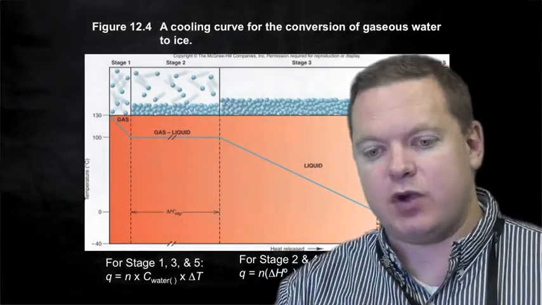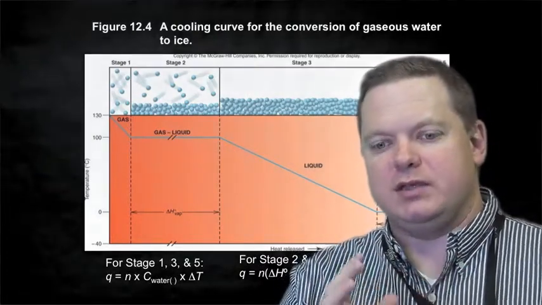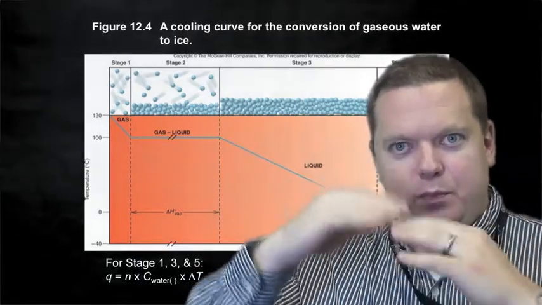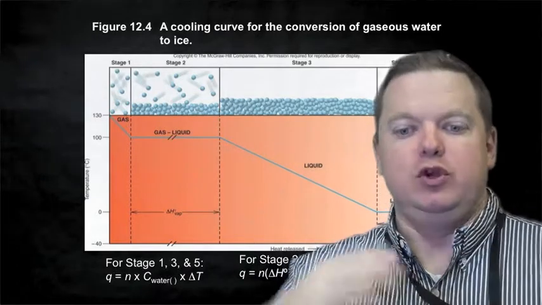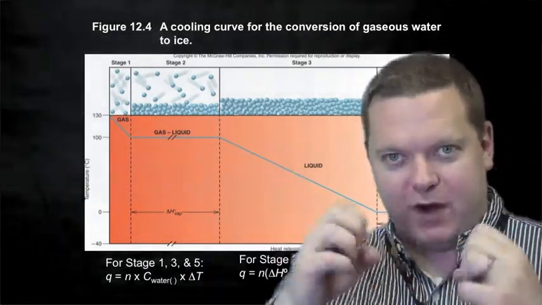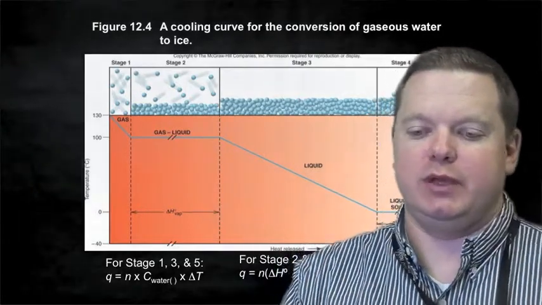At the phase transitions, because we have an equilibrium process involved, the two can move back and forth. It has to lose or gain some energy, depending on which way you're going, for it to finally make that transition complete.